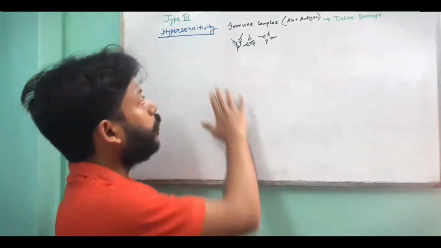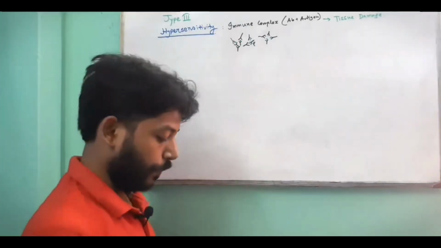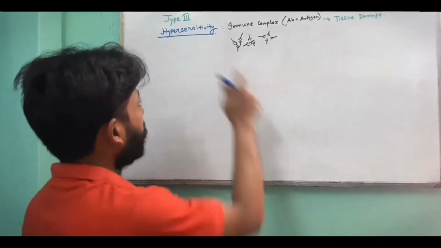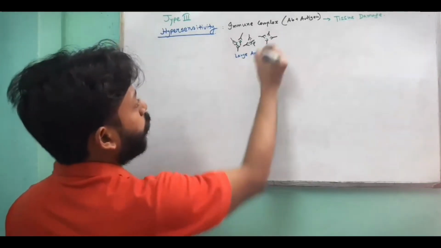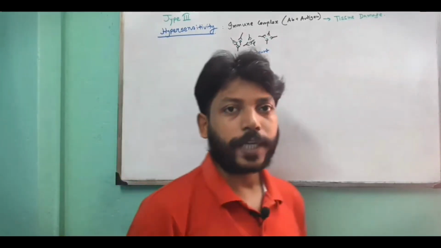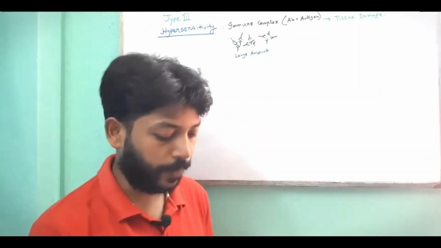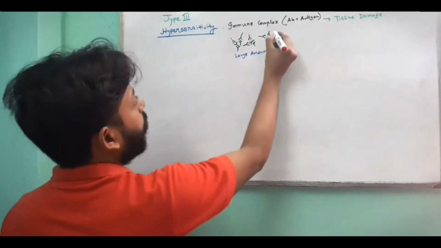But if the immune complex is large in amount, so the reason behind this type 3 hypersensitivity is a large amount of this immune complex. And as we know, this antibody and antigen are present in blood, so this is occurring in the blood vessels.